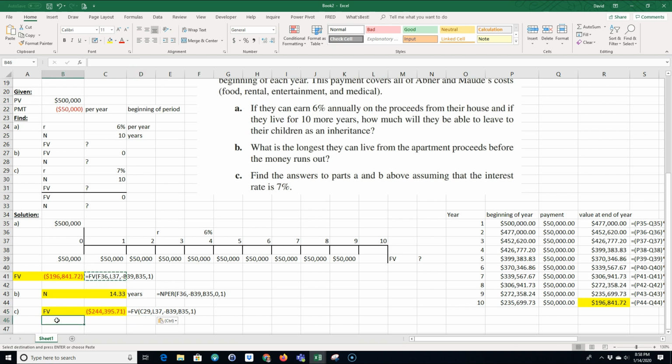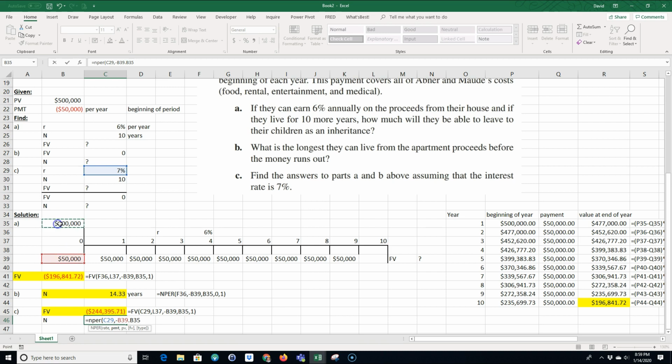And then the second part of part C, if you're earning 7%, how long will it take? Well, it's going to be equal to N per. The rate now is 7%. The payment is a negative 50,000. The present value is 500,000.